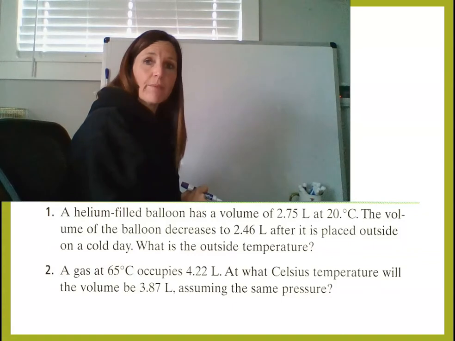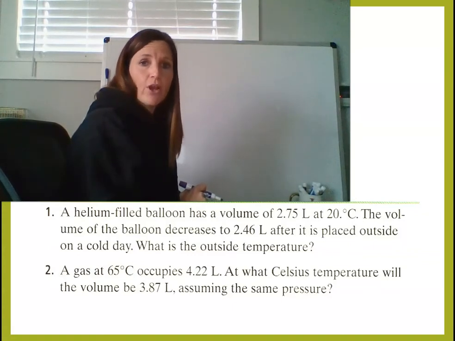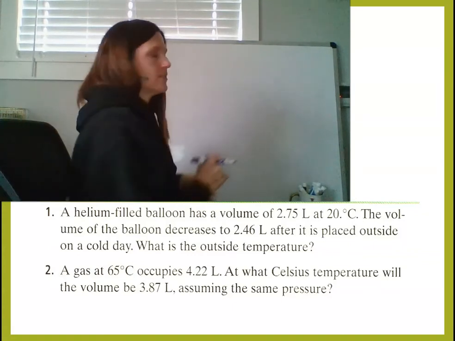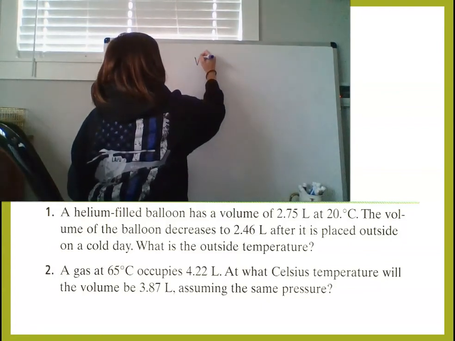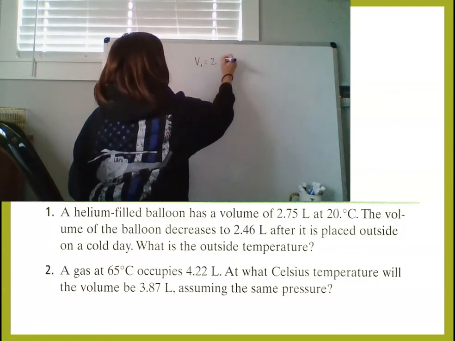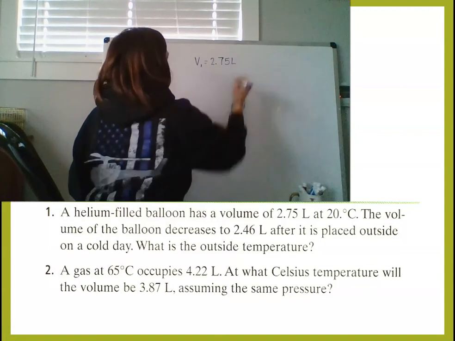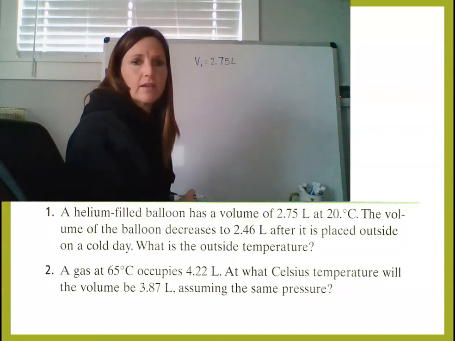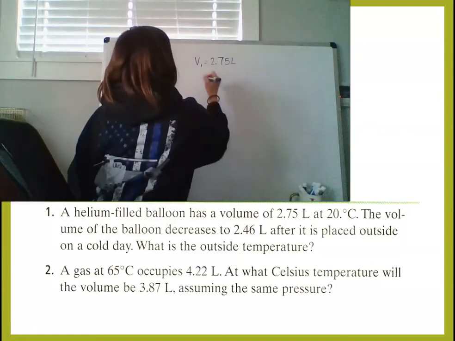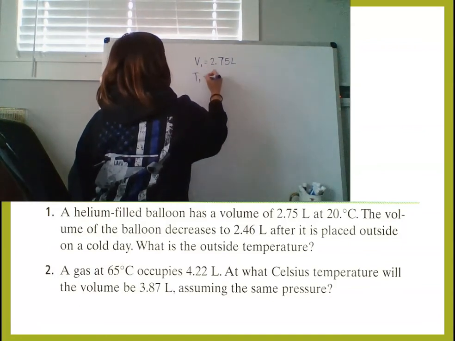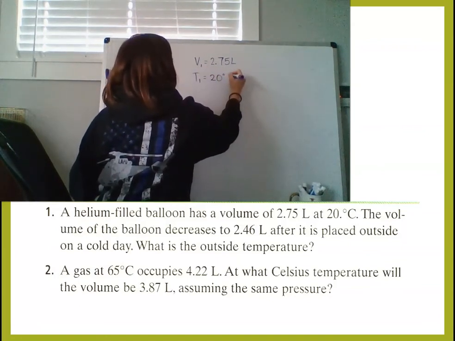So I'm going to start by identifying what variable 2.75 liters is. That is my volume 1, 2.75 liters at 20 degrees Celsius. That's my temperature 1, 20 degrees Celsius.